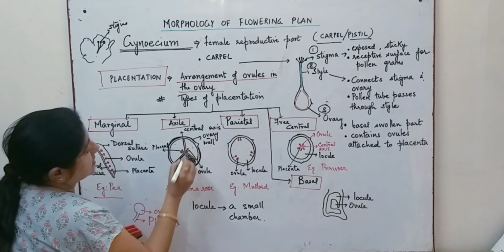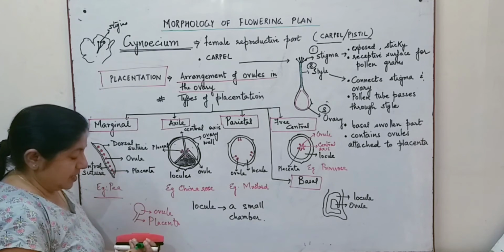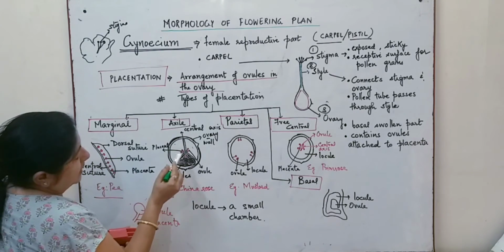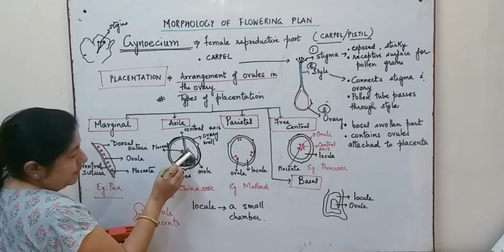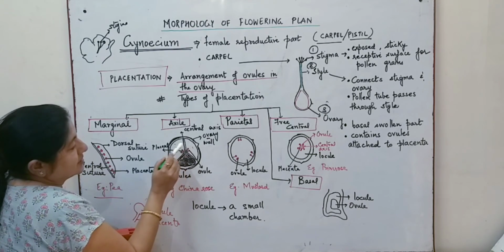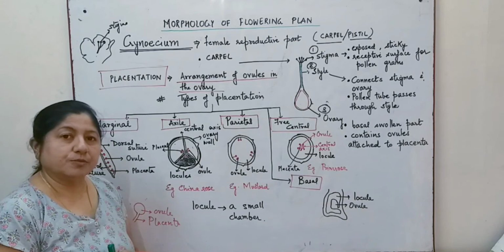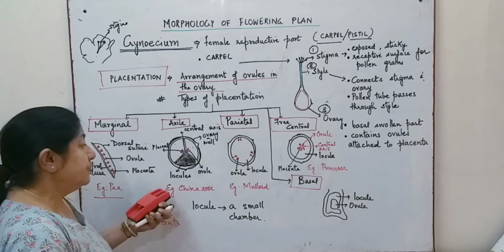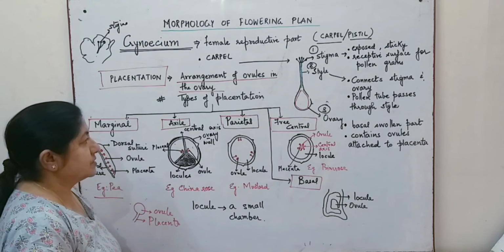So this part is the central axis, and to the central axis, the ovules are attached in a circle-like manner with the help of the placenta, and it consists of 3 locules. The locules are the small chambers where the ovules will be present. We see such an arrangement in the case of China rose.